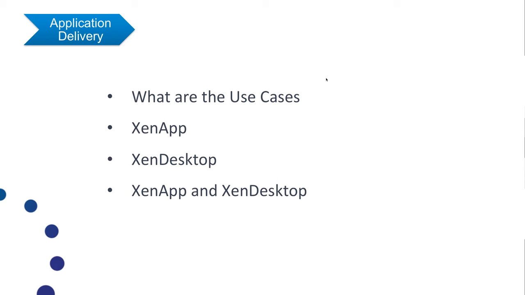XenApp is far and away, not only do we have years and years of experience with it, but it's a great way to deliver those applications. Small footprint, highly controlled, guaranteed delivery, and it gives you the flexibility to give it just to the people that you need without having to manage a number of images, and we're going to talk a little bit about that in a second.